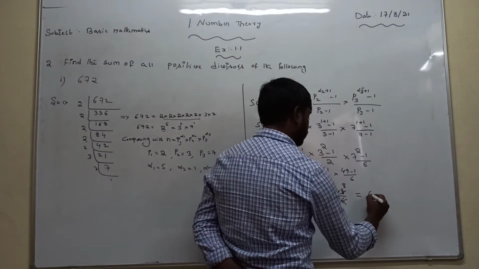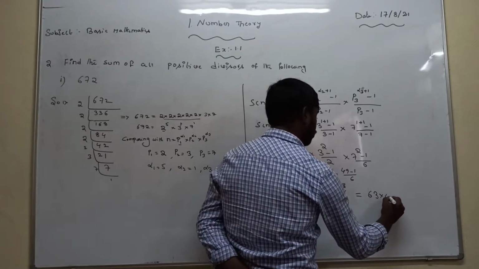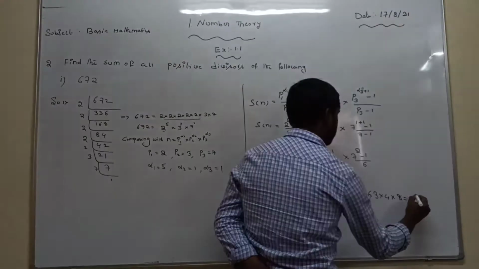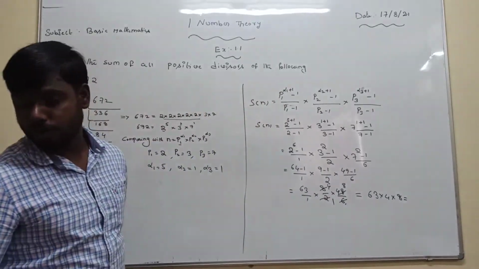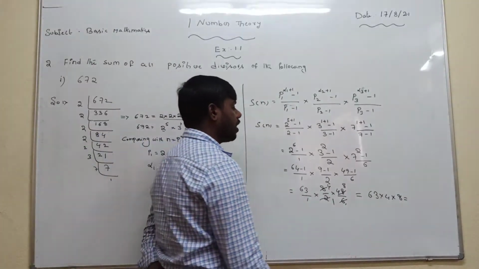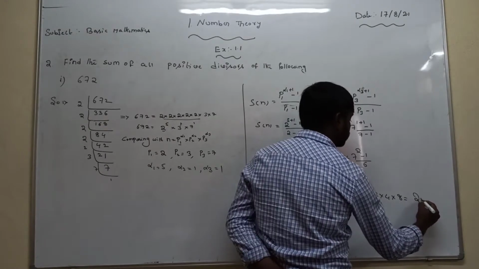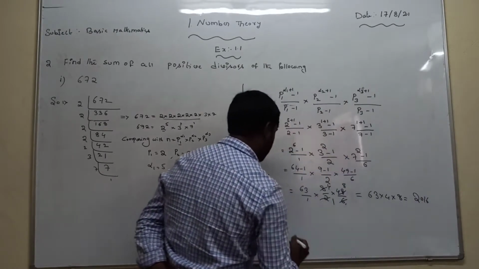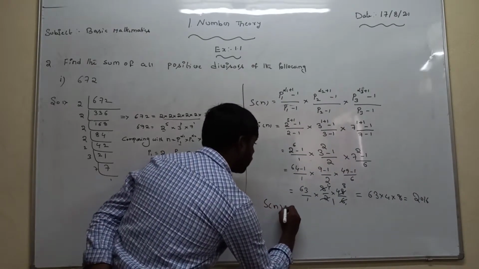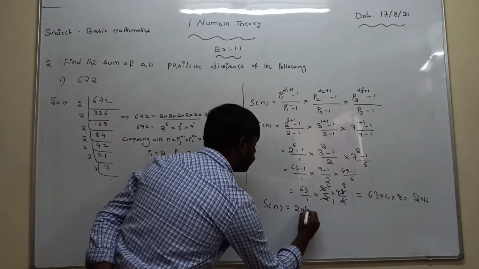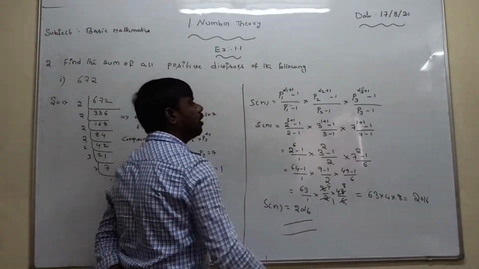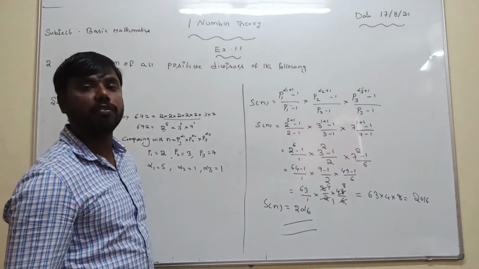So we can take the product 63 into 4 into 8. That value is 2016. So the sum of divisors value S of n is equal to 2016. This is the solution of this question.